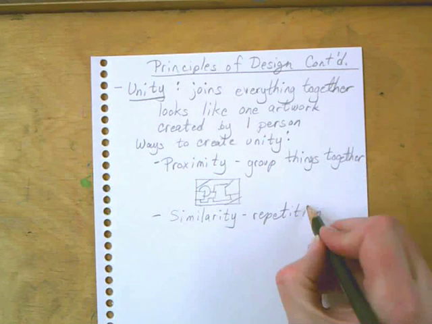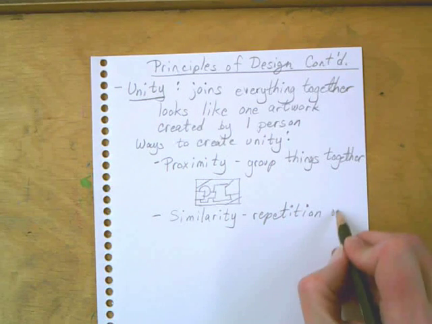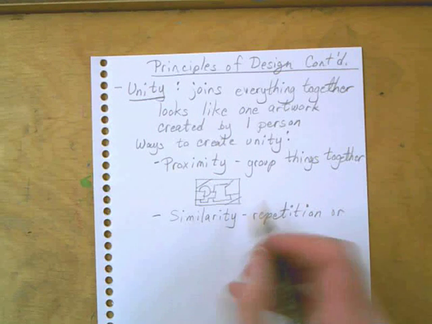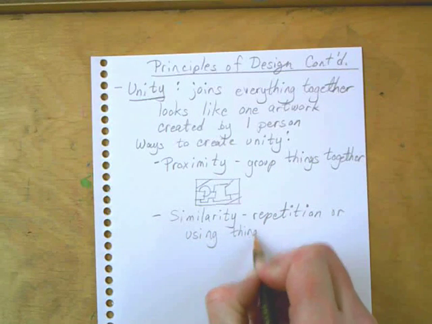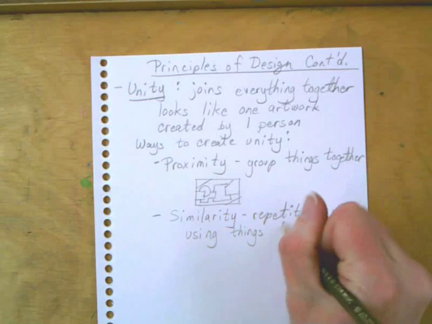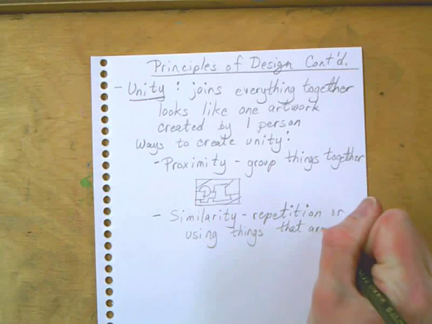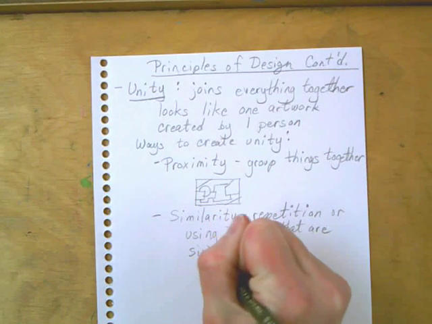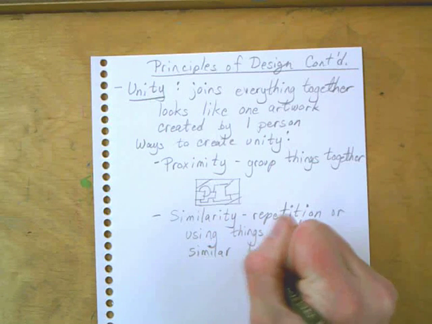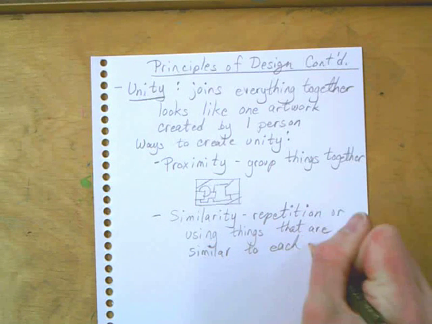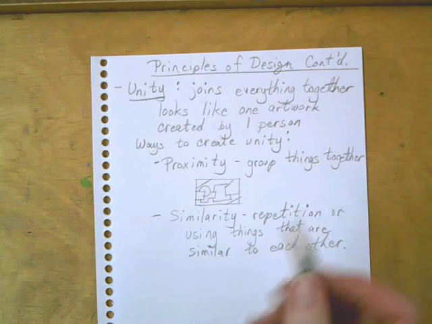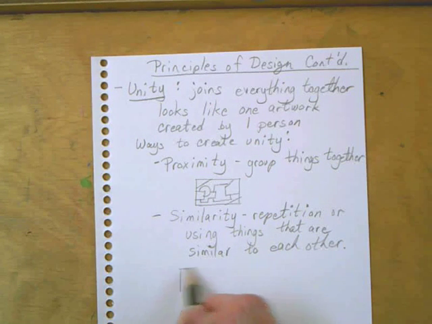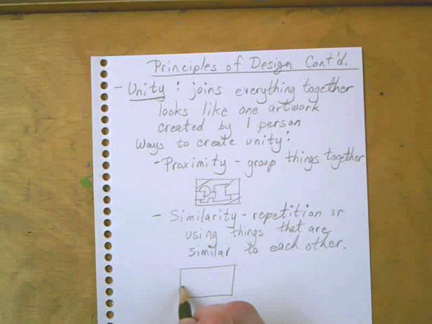The next one is through similarity. Similarity is using repetition. Could be the same thing being repeated, or using things that are similar to each other, but not exactly the same. They don't necessarily have to be exactly the same.